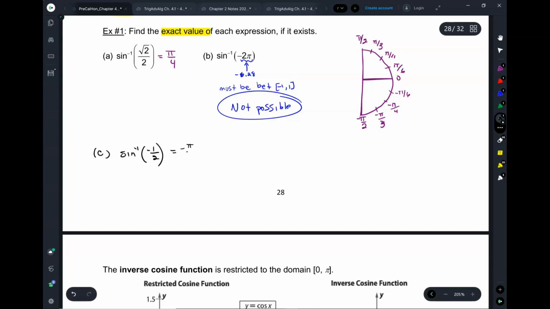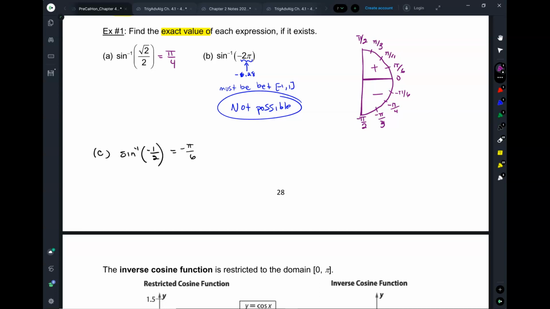Now let's identify one other thing. Is sine positive or negative in the top quadrant? Positive. What about in the bottom quadrant? Negative. So when you want an angle for which sine is negative, you're going to go in one of the bottom angles. When you want sine to be positive, you're going to go in one of the top angles. So what's sine of 2 pi over 3? Not possible. What about sine of 7 pi over 6?